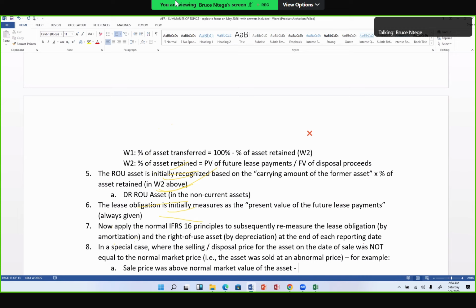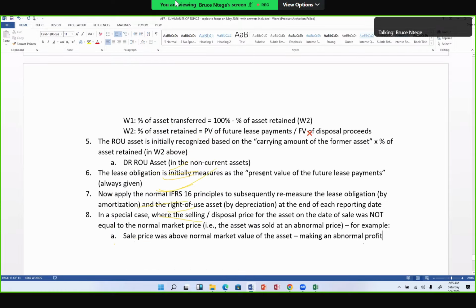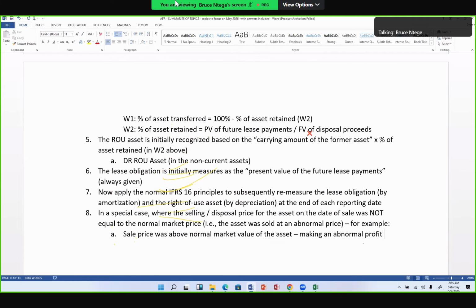That means the profit made was higher than the normal profit because you sold this asset at a price bigger than its normal price.